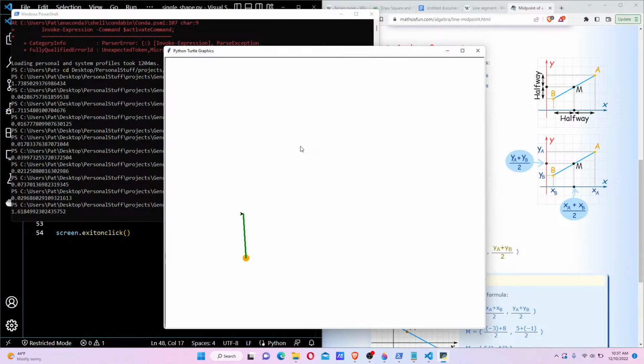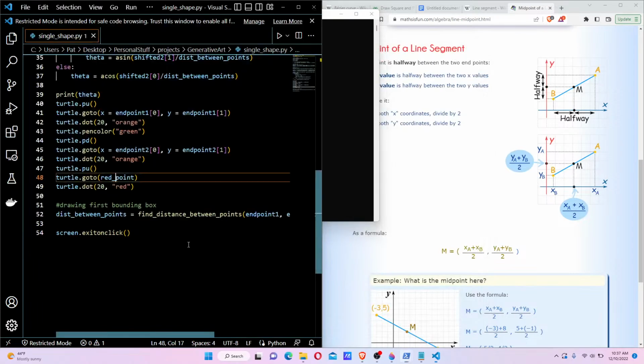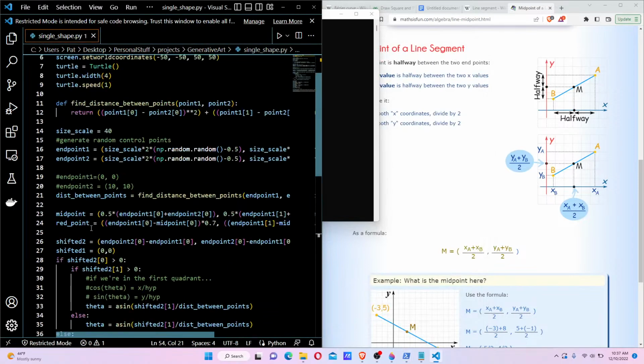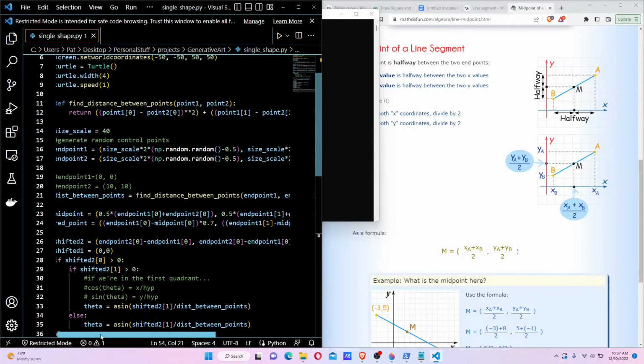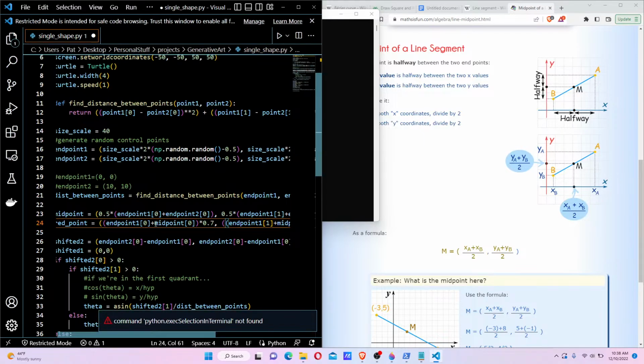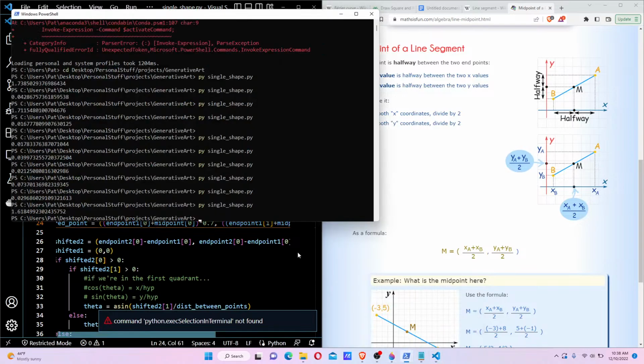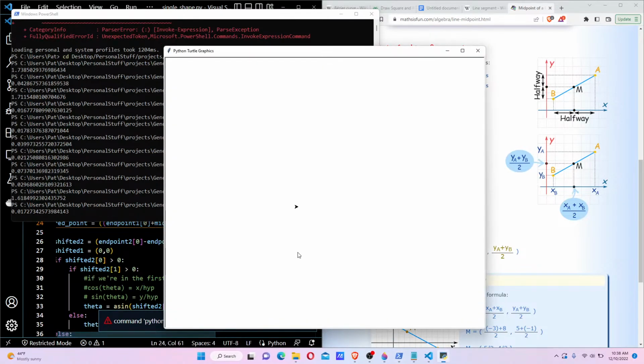And one more time. Off. So, how do I get the red point? Endpoint. Oh, I didn't fix that, so that's still subtracting. Okay. Now if we add them instead, see what happens. Should increase the speed of this so we don't have to wait so long.